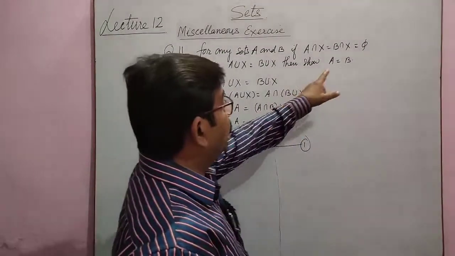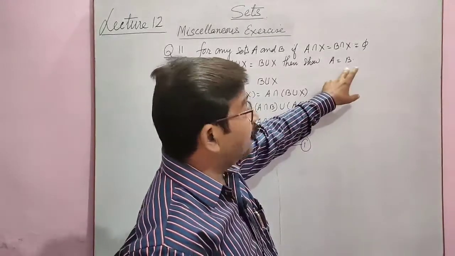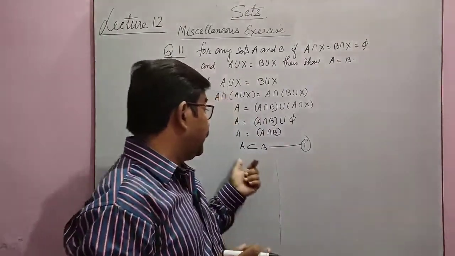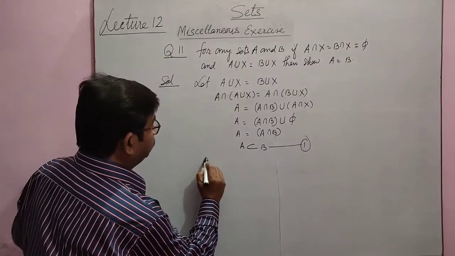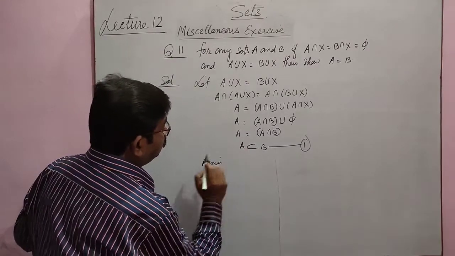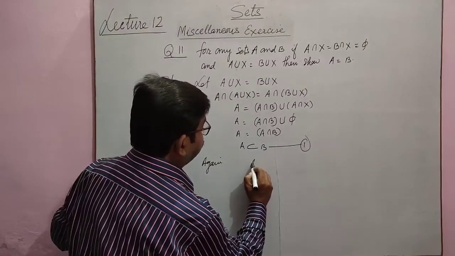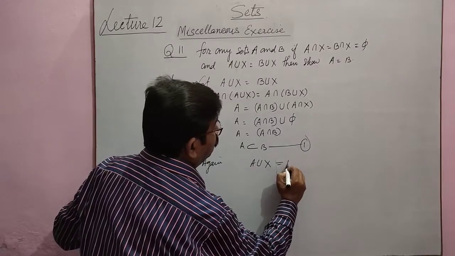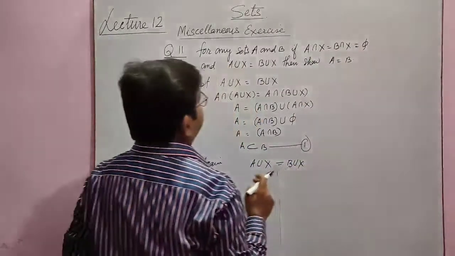Now we have to show A is equal to B. A and B are two sets, so what do we need to show? We need to show that A is a subset of B and B is a subset of A. Again, we take A union X is equal to B union X, the same case.